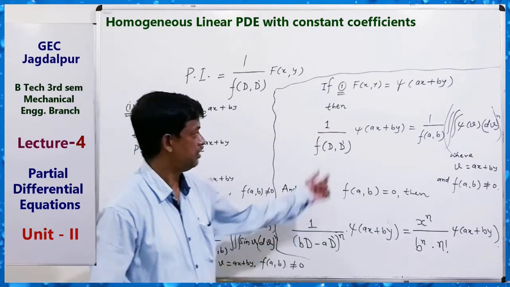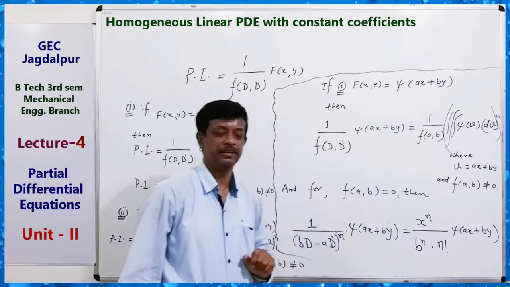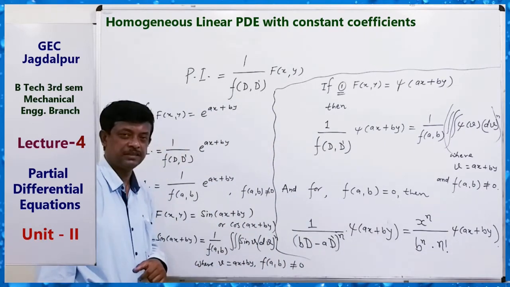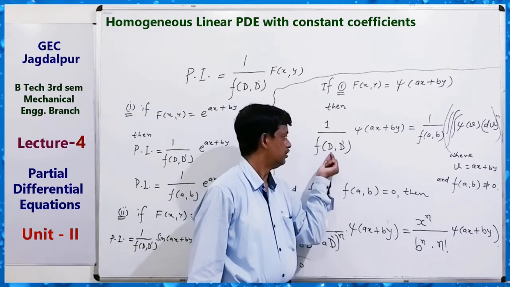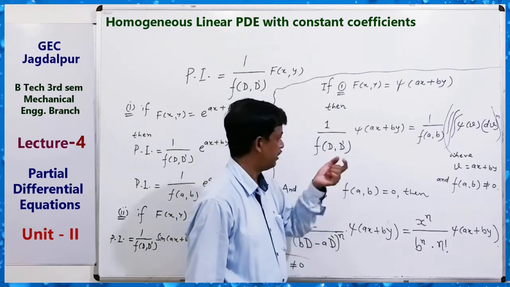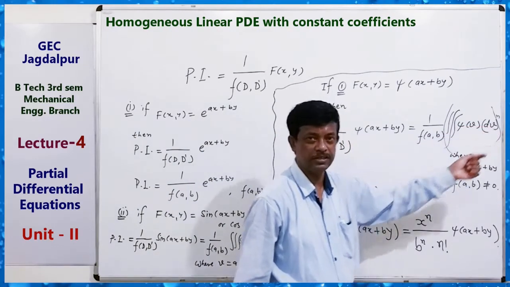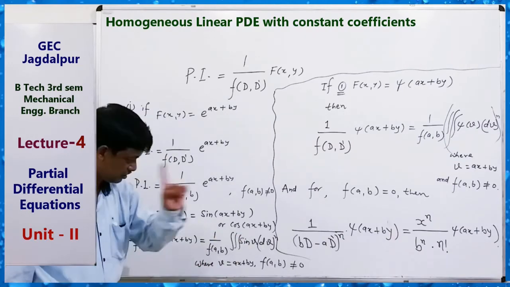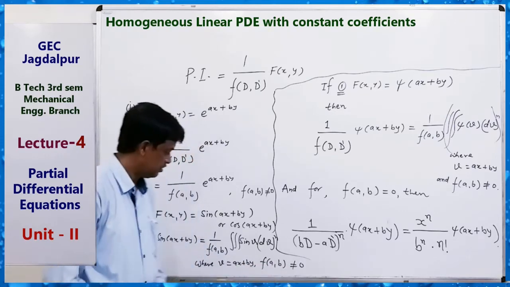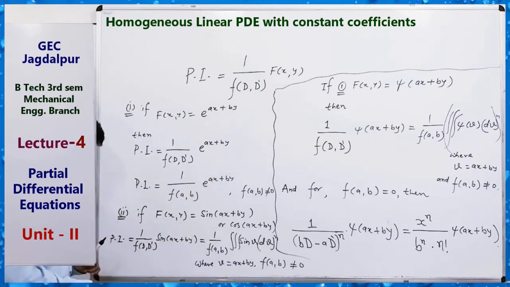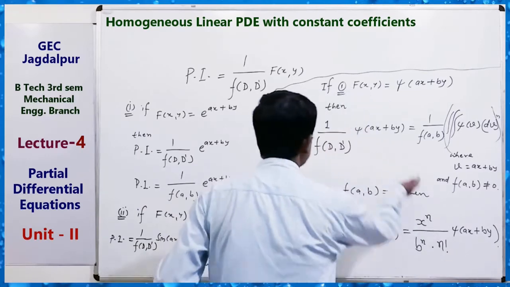Formula: if it has n factors. If the degree of this expression is nth degree, then integrate n times. But f(a,b) is not equal to 0. This must be clear, so you can use this formula. And there is also a particular formula for sin and cos. Same for cos. Clear? This formula can be used. But for the particular formula, we can use it like this.